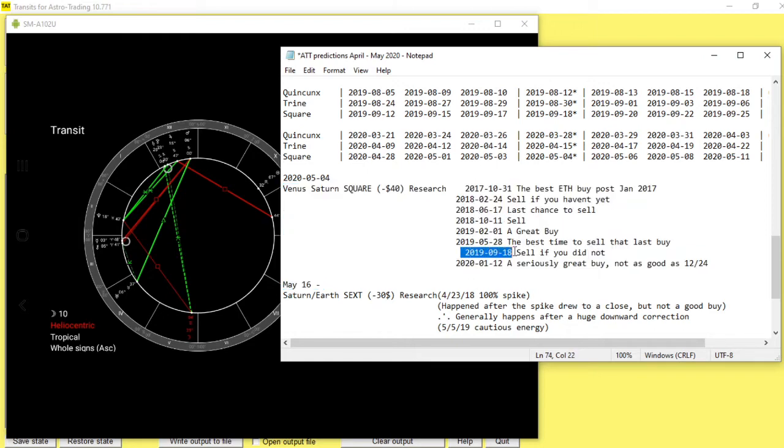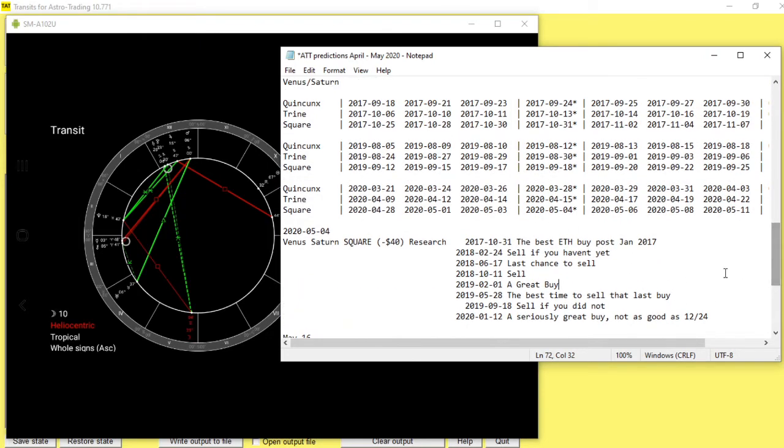So on the face of it, it looks like this was either a last minute sell or a really great buy. But we're going to look at how that actually played out in the charts. So that'll be May 4th when that happens. And so the dates we're looking at are this day.